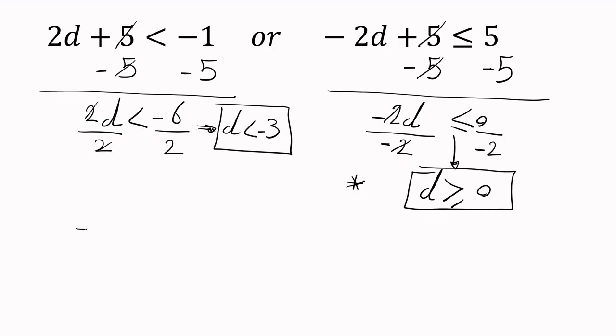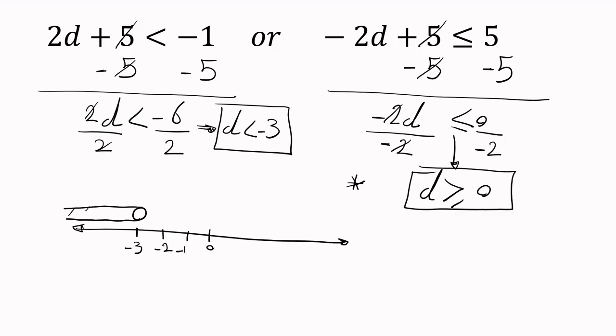So let's draw this on a number line. 0, negative 1, negative 2, and negative 3. The first range says d must be less than negative 3, right? And we do not have an equal sign, so we use an open circle or hollow circle.